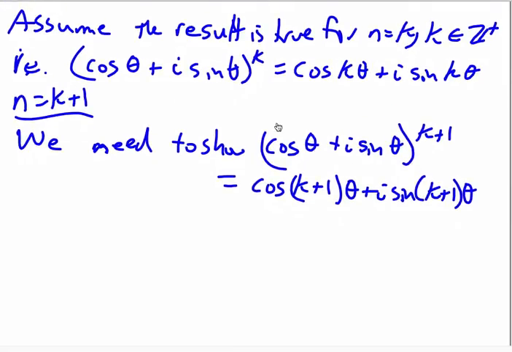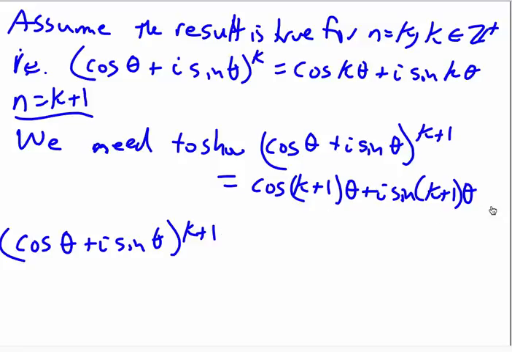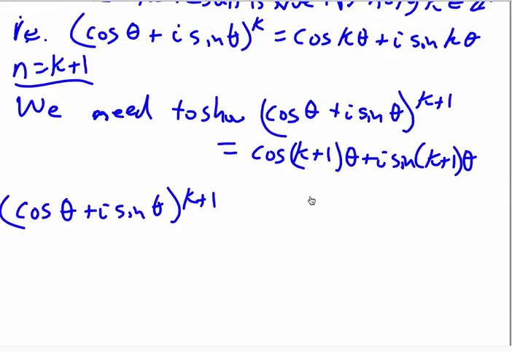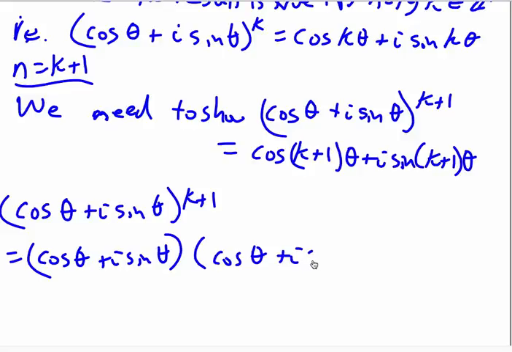We're going to start with (cos θ + i sin θ) to the power of k plus 1. In many induction proofs with exponents, we take the k plus 1 and rewrite this as (cos θ + i sin θ) times (cos θ + i sin θ) to the power of k, because the exponents add together to give k plus 1.